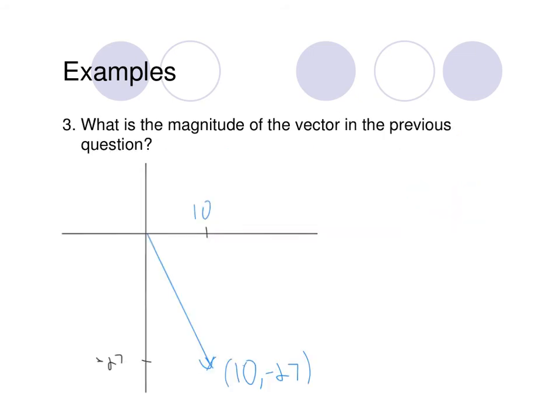So now if we're asked to find the magnitude of the vector in the previous question, again that vector was 10, negative 27, remembering that you don't have to really memorize that formula, the length formula from grade 10, the length of a line segment. Remember, it's just the Pythagorean theorem, right? So we can make a right angle triangle here, like so.